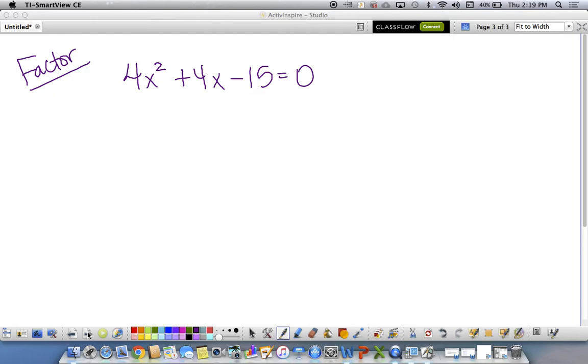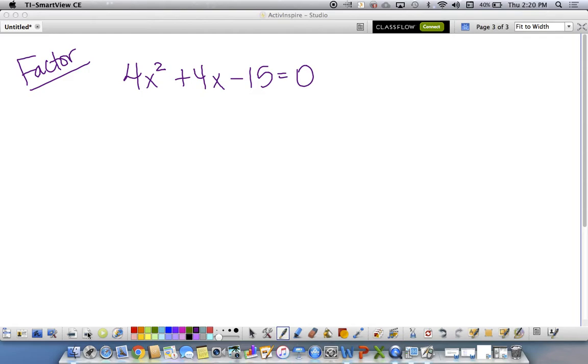If you know the method you learned with Coach King in Algebra 2, use it, please. Okay? There's an AC method that they teach you. It's a method, meaning you go through these steps every time. Okay? Nobody really ever taught me that when I was going through school. So I just always had my guess and check method.